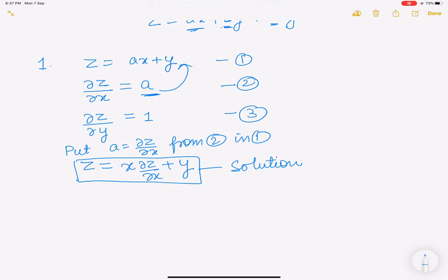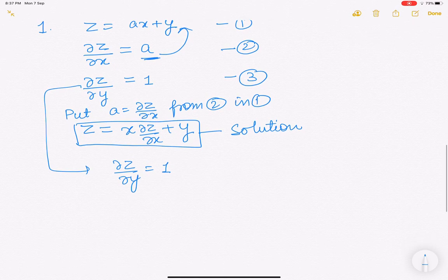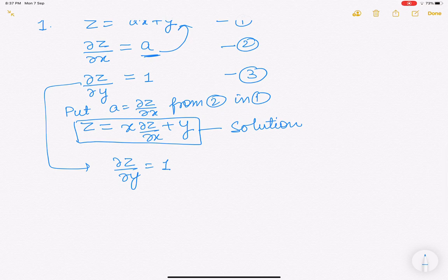But when we see equation number 3, it is del z over del y is equal to 1. Since this does not contain any arbitrary constant, this 3 is also a partial differential equation under consideration.